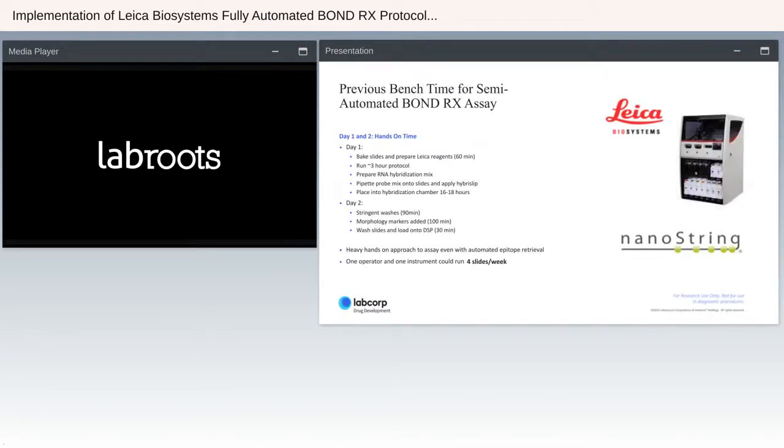So this is the previous workflow, what I'm going to be referring to as the semi-automated Bond RX assay. The day one and day two hands-on time is where we are losing a lot of critical space and a lot of our throughput availability. On day one, obviously we bake slides and prepare the Leica reagents. This takes up to an hour.